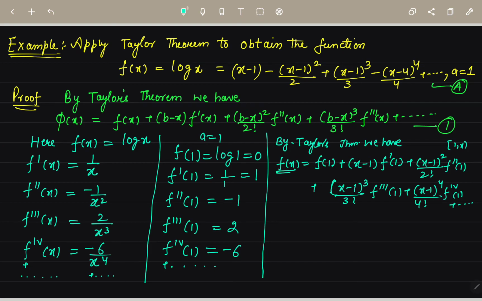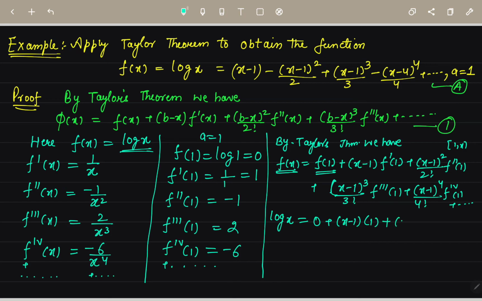Now f of x is the main function, so f of x is log x. I will substitute these values. I will write log x is equal to f of 1. What is f of 1? f of 1 is 0, so I write here 0, plus the next term x minus 1 into the first derivative at 1, whose value is 1, so I write here 1.